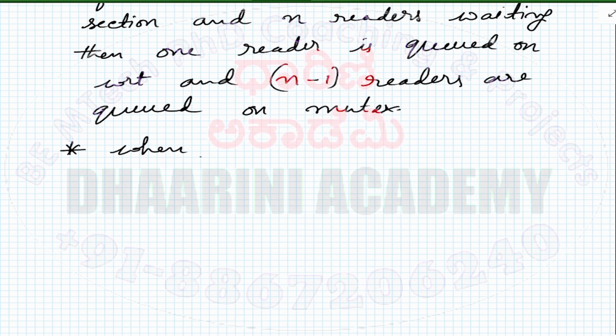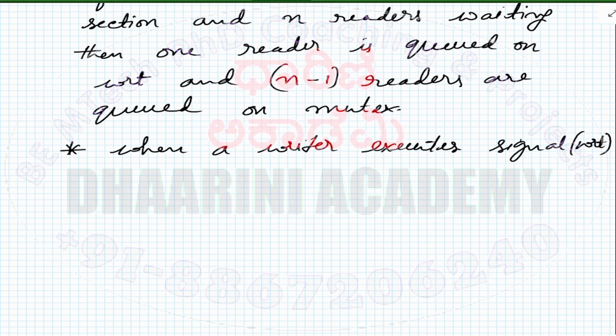When a writer executes signal of WRT, this means the WRT semaphore will be increased. It means others can perform the job, right?